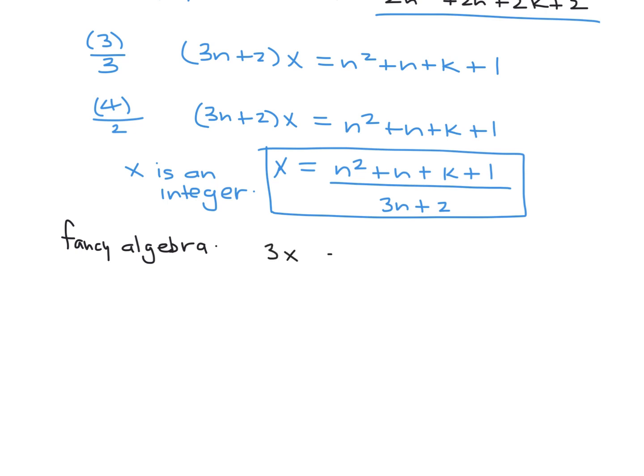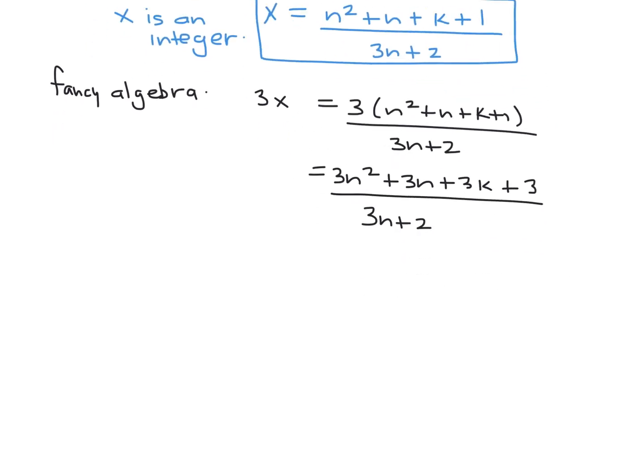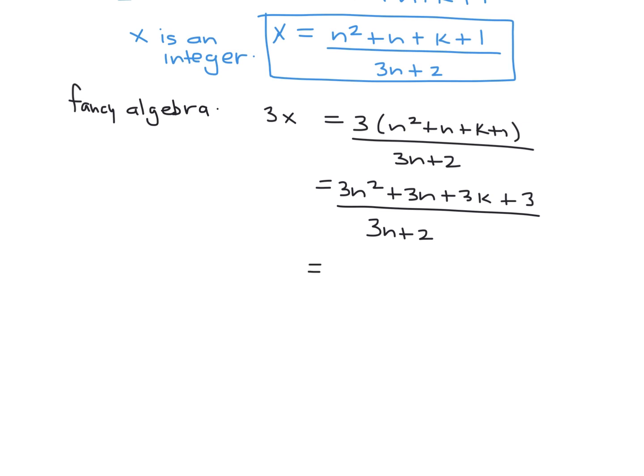If I multiply by 3, I'm going to get 3n squared plus 3n plus 3k plus 3, all over 3n plus 2. And the goal is to kind of get an integer out of this. Now let's see if I can do that. If I break this up, 3n squared plus 2n plus n plus 3k plus 3.